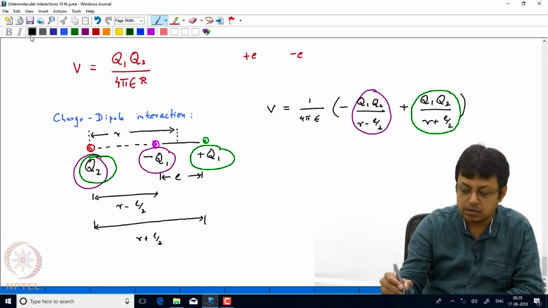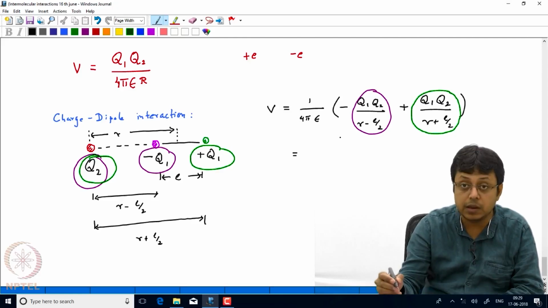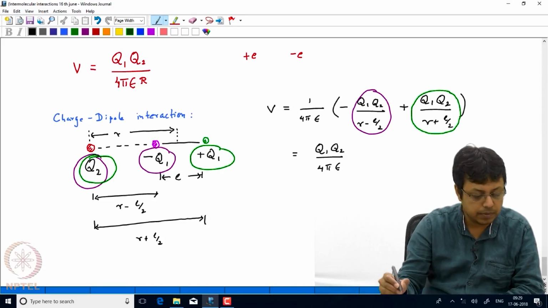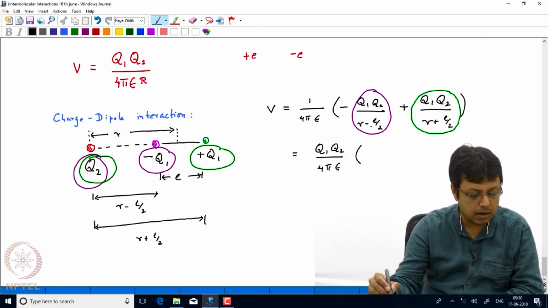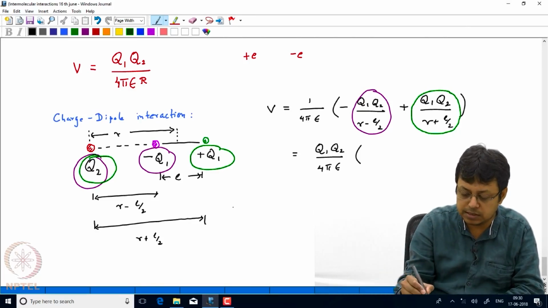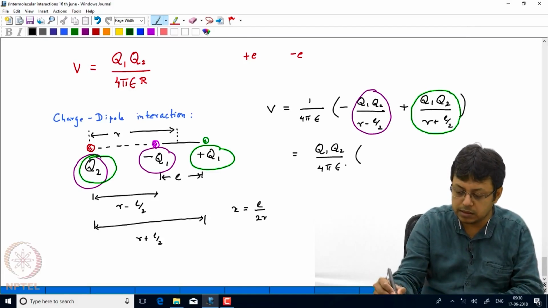actually summarize it. So as you can see, we can actually write it cleverly. So I can take Q1 Q2 common. If I do that, I'll write Q1 Q2 by 4 pi epsilon times, as you can see here, we'll have r minus L by 2, and then if I just make a substitution, let's say x equal to L by 2r, then we can actually take the r common also here.